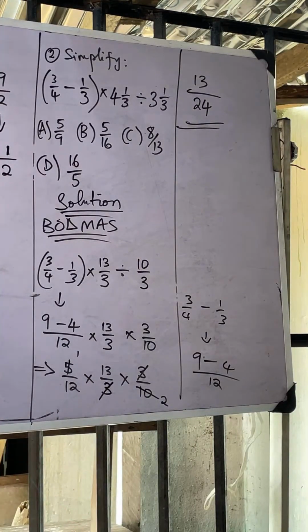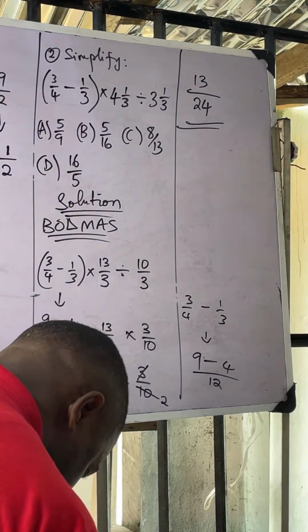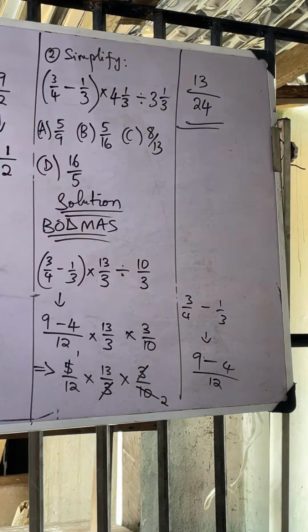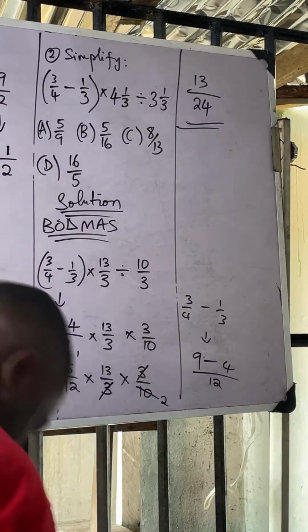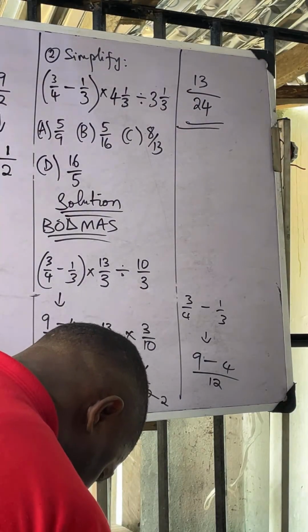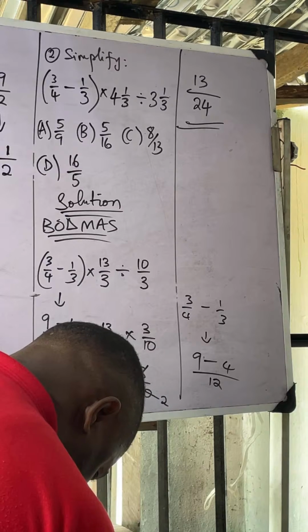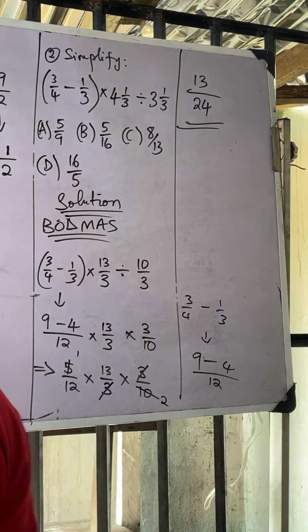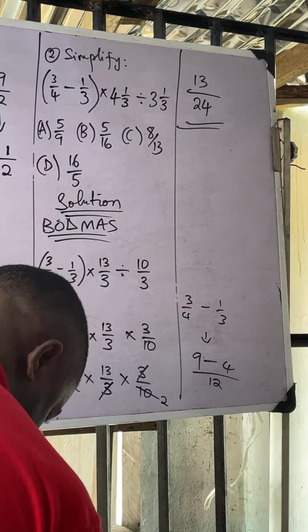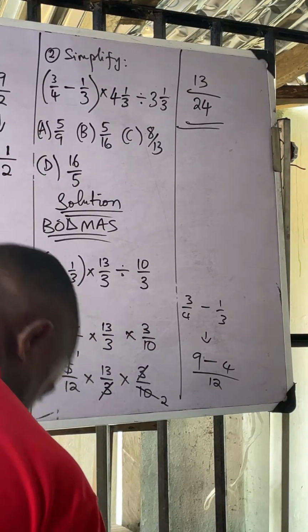Simplify one whole number 3 over 5 plus one whole number 1 over 8 times 16 over 45. So this is what they gave us. I will still drop the options.